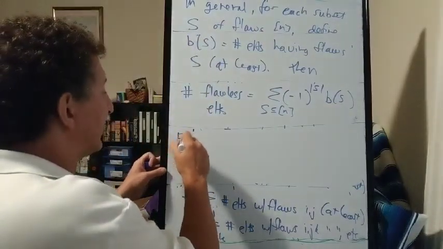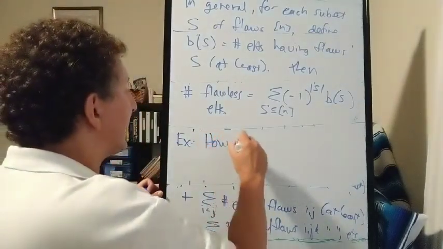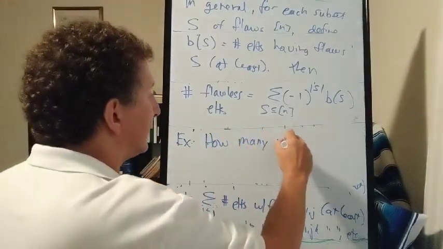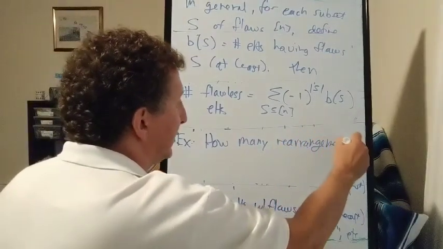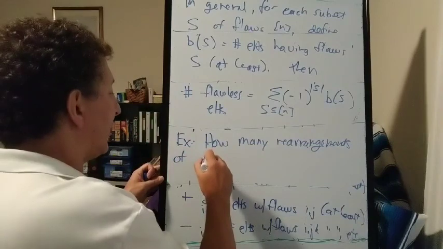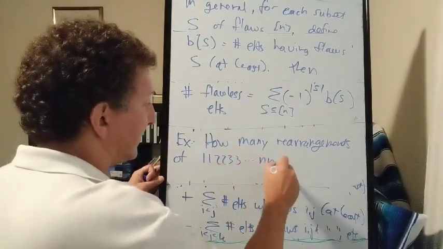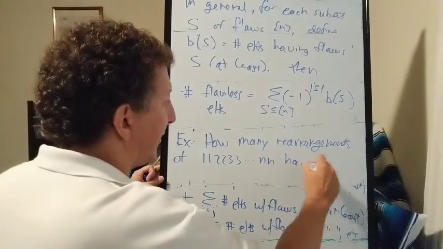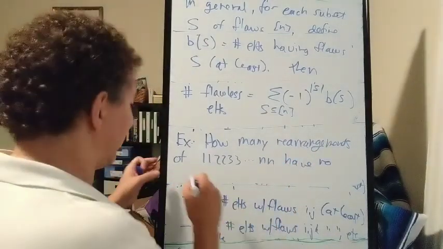So let's look at an example. Let's ask how many rearrangements of the word 1, 1, 2, 2, 3, 3 up to nn have no repeated letters, no consecutive repeated letters.